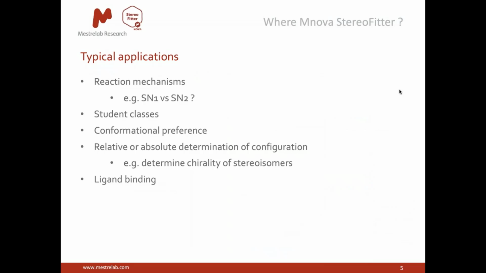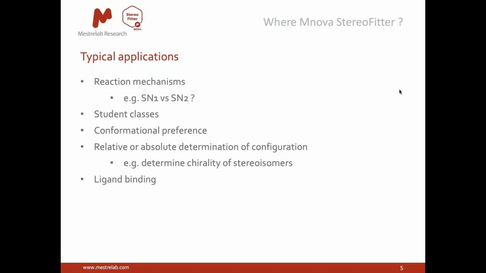So here's a non-exhaustive list of applications where we think that StereoFitter will have a huge impact. So let's say knowing the 3D structure of a reaction product can inform about the reaction mechanism of how we got there. For example, did the reaction go SN1 or SN2?